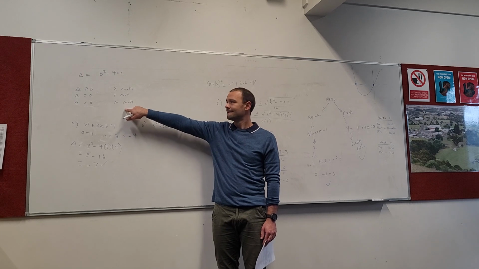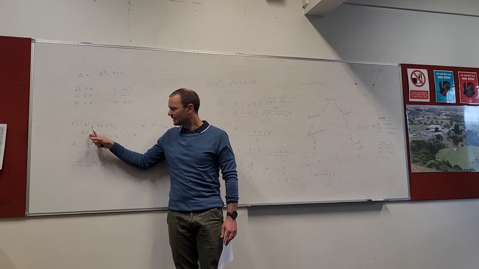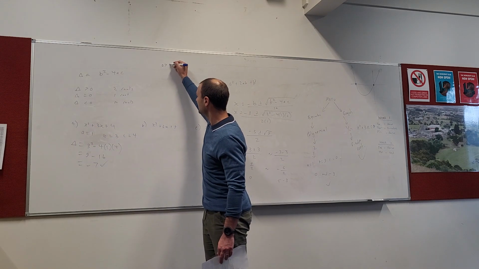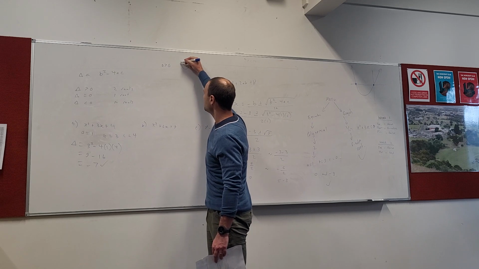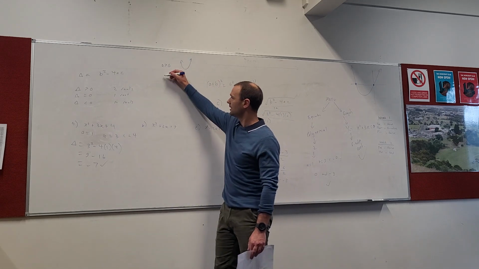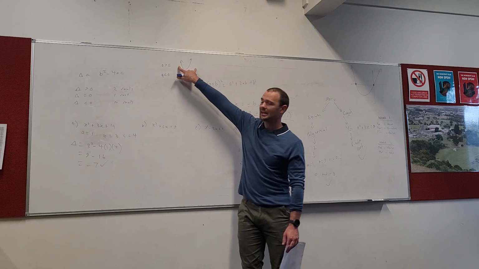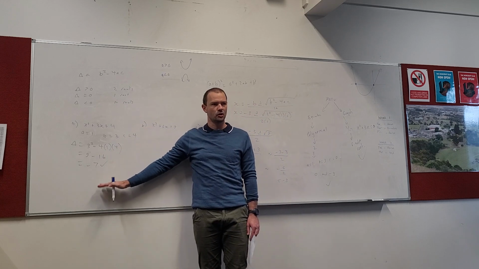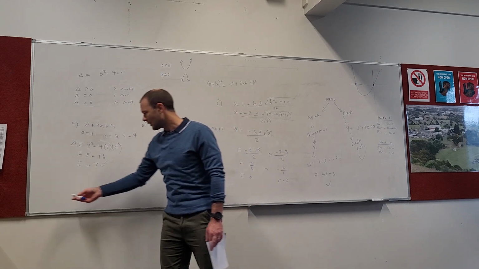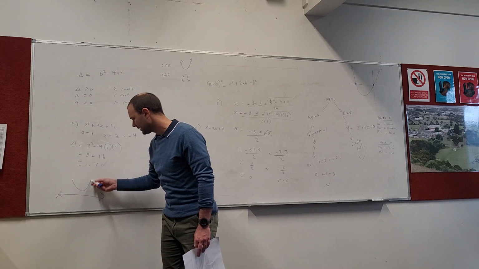Now, let's also reflect on my value of A, my coefficient of x squared, which is positive. This is a good opportunity to bring this in. Remember, if A is positive, we're going to be happy, smiley face. If you're negative, then you have a sad face. We've got A positive and no roots, so this is a special type of quadratic that we call positive definite, because it is completely positive.